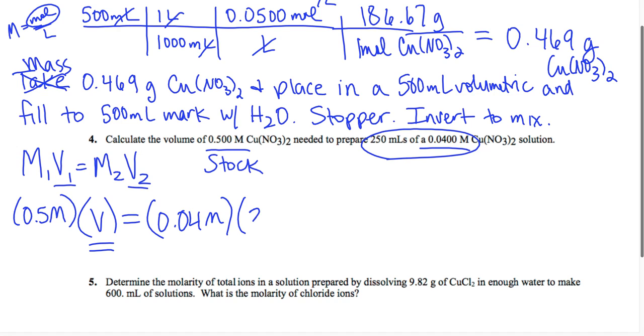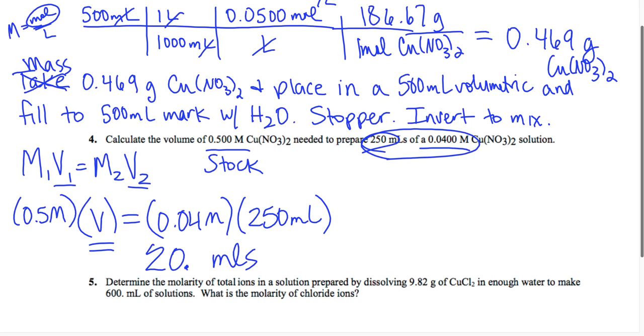So my whole solution is going to be 250 mils in volume. So doing the math here, I have 2 sig figs based on that 250. So it's going to be 20 mils of this 0.5 molar solution that I have to do.